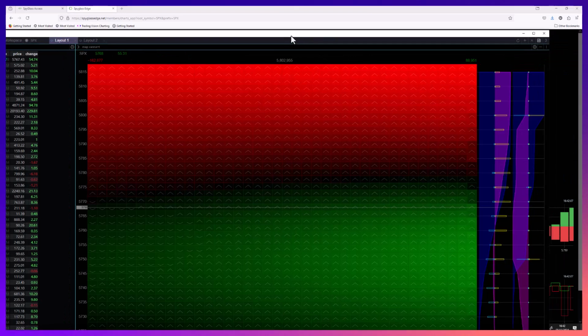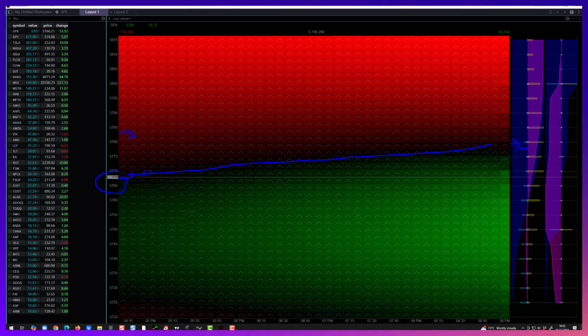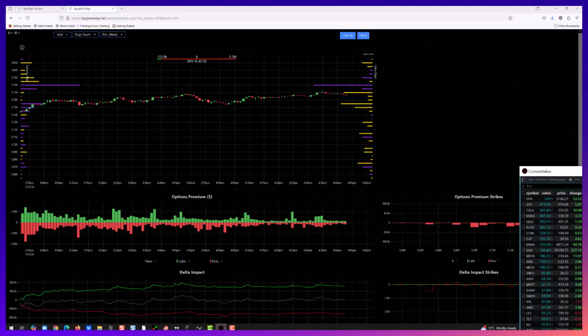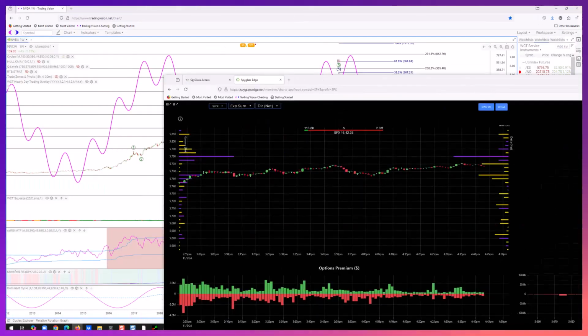Now, if we look at the roadmap, which updates in real time, you can see this is where we are, 5768, and we are sat on support. Path of least resistance is this black area here up to this key gamma level, and guess where? 5780 to 5785 SPX. So I suspect we've got a little bit higher to go this afternoon, and then likely we start to pull off into the close.